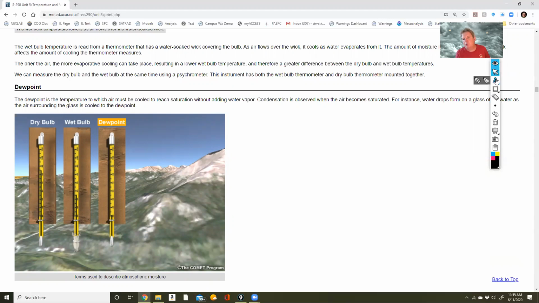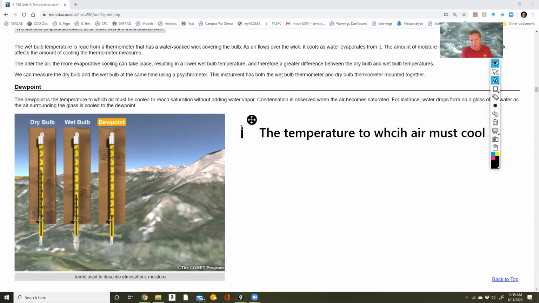This is so important. I want you to know the exact definition I want you to have: the temperature to which air must cool at constant pressure in order to reach saturation.